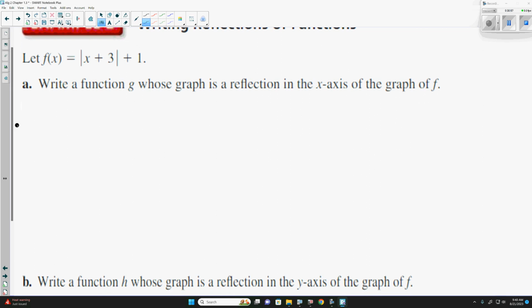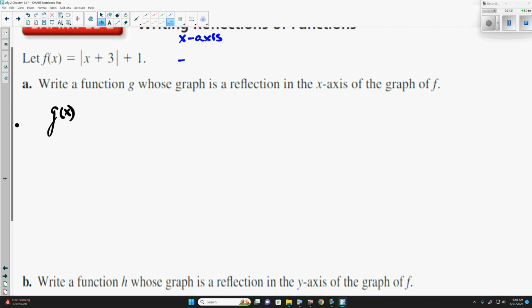Now the first one we have, because again, I think it's going to be easier for us to actually apply these than it is to look at the definition for too long. For this first one, we want to write a function g whose graph is a reflection in the x-axis of the graph of f of x. So we'll have g of x. Now I'm going to shorthand write this because we're talking about the x-axis, a reflection.